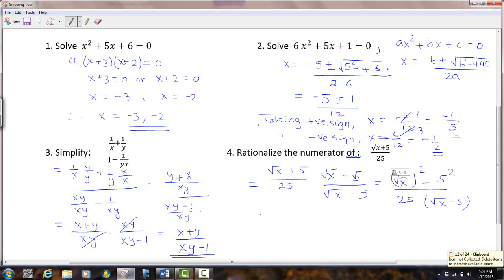This is equal to, the square root of x whole squared is just x, minus 5 squared is 25, divided by 25 times square root of x minus 5. If you look at the numerator there is no radical sign, so the numerator has been rationalized. Okay, so this is how you solve the problems.